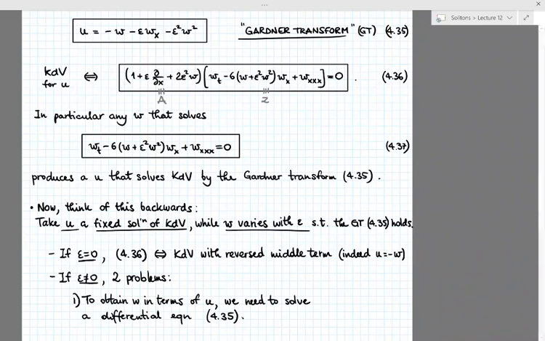And the second problem is that the differential operator, which I called A in 4.36, is now non-trivial if epsilon is different from 0. When epsilon was equal to 0, that operator was just the identity operator, but now it's a non-trivial operator.